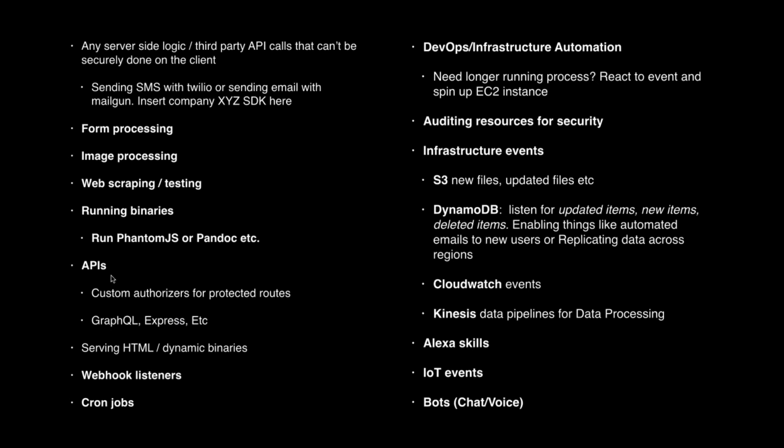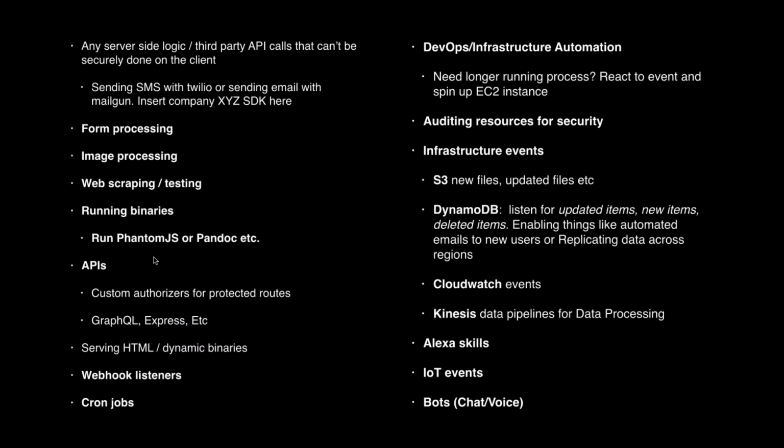Another huge use case is setting up APIs. So back-end APIs for web applications, mobile applications, or Internet of Things applications. One of the cool offerings from AWS is called API Gateway, and basically you can set up your own custom endpoints, and those will route directly to trigger specific Lambda functions.